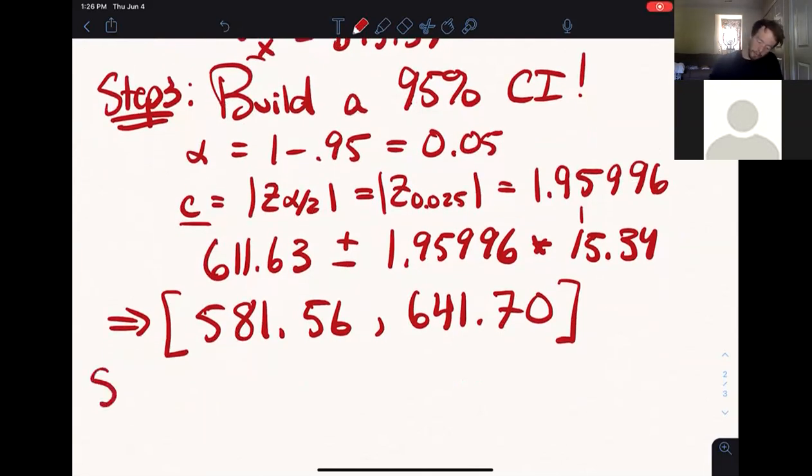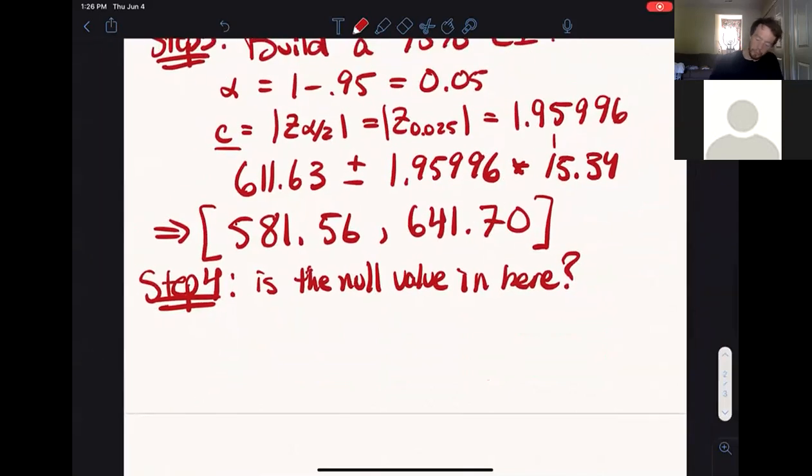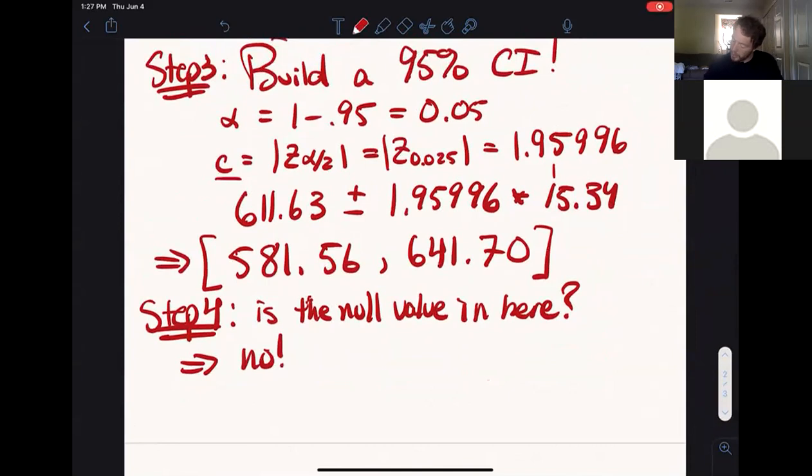So step 4, we made our confidence interval. Step 4, take a look. Is mu, all right, so it's a, is the null value in here? The answer is no. The consultant said 650, right?